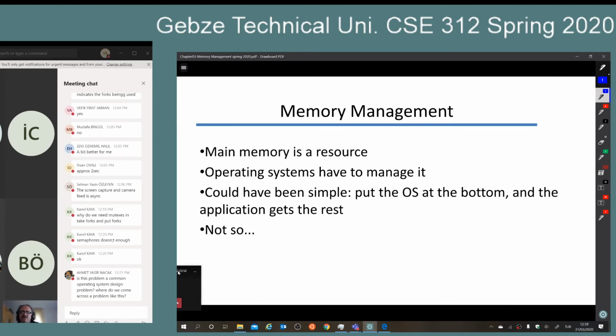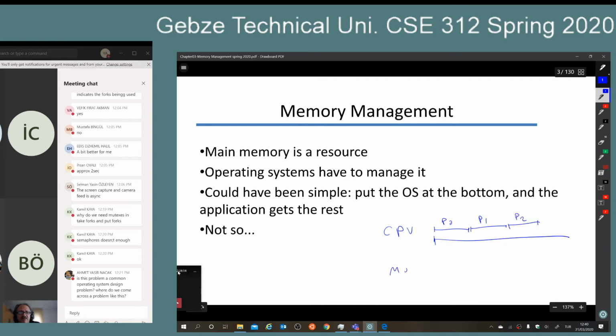Okay, main memory is again like a CPU. It is a resource. CPU is time multiplexed, main memory is space multiplexed. If this is my CPU in my timeline, from this time to this time it is P0, from this time to this time it is P1, and then P2.